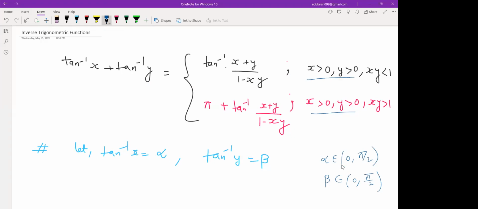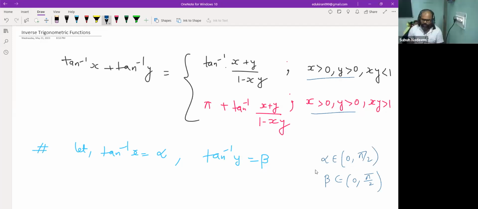Sir, the principal value of tan is 0 to pi, right? Sorry, minus pi by 2 to pi by 2. Principal value of tan is minus pi by 2 to pi by 2. But since we are taking positive values of x, x is greater than 0, so it is only 0 to pi by 2.